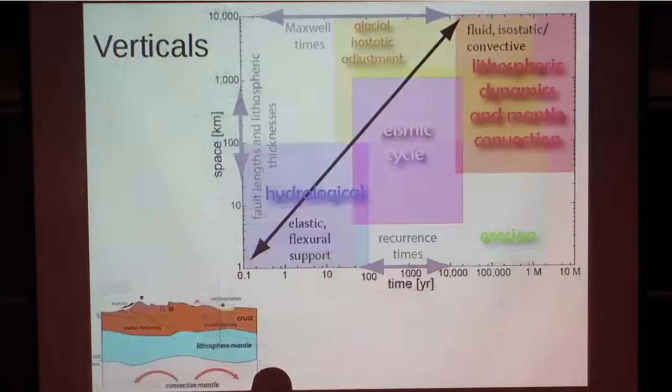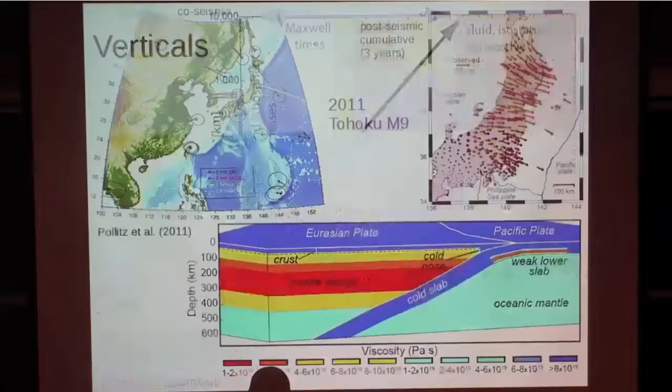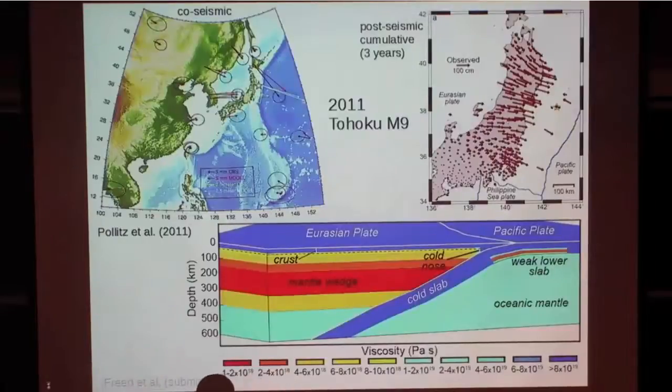And maybe I want to leave you with a little plug for work that Andy Freed and the folks in Japan and myself have done, where thanks to the great instrumentation in Japan, and thanks to the size of this devastating M9 Tohoku earthquake, we're now able to query the Earth on a spatial scale that is the same as the convective timescale, meaning the upper 600 kilometers of the mantle.